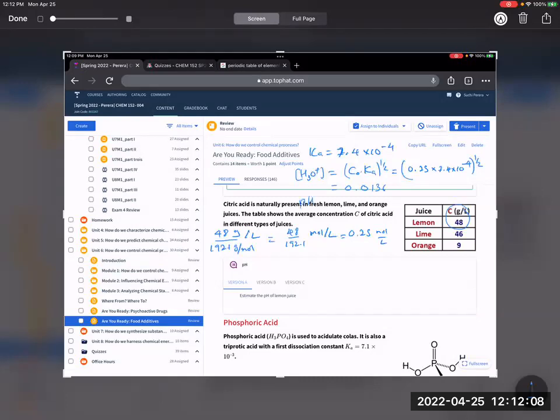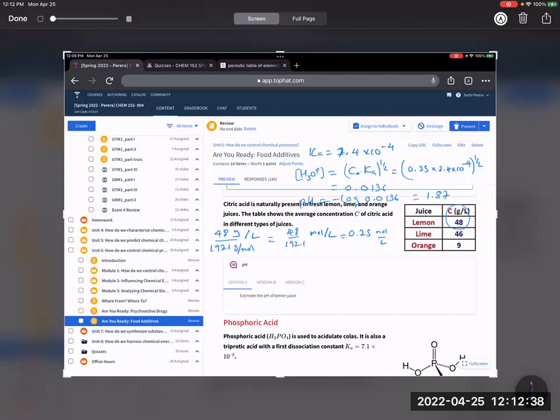pH is the minus log of the H3O plus concentration, which is 0.0136. Minus log of that is 1.87.